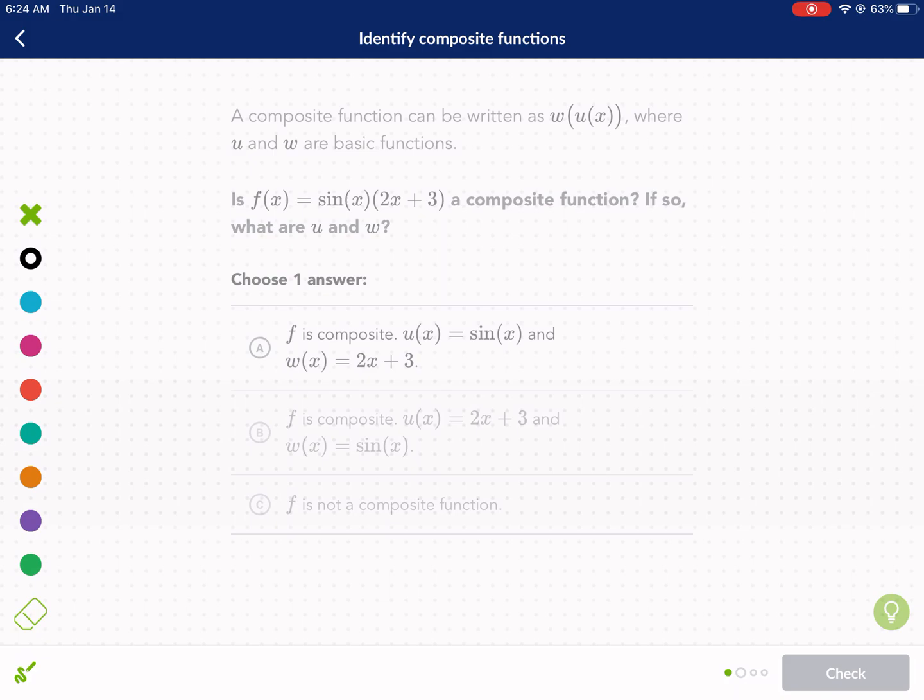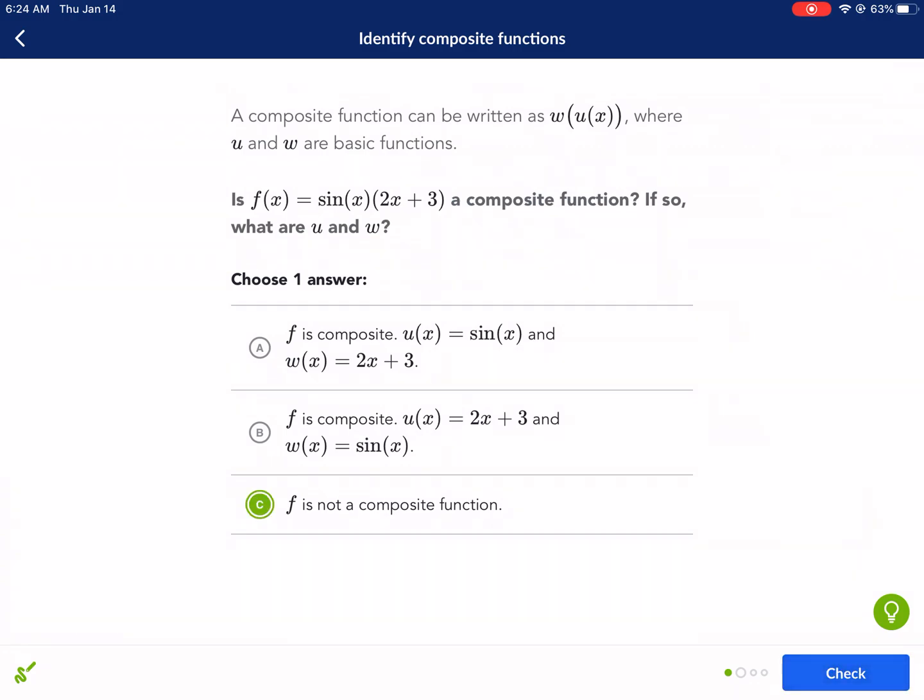Normally it would be sine of something, with the inner function being 2x plus 3. But this is saying sine of x times, that's an implied times there, 2x plus 3. So that's really not a composite function because it's not being substituted. It's not even saying which one's the inner and outer. So this is not a composite function.